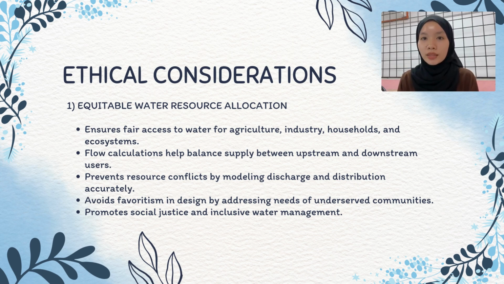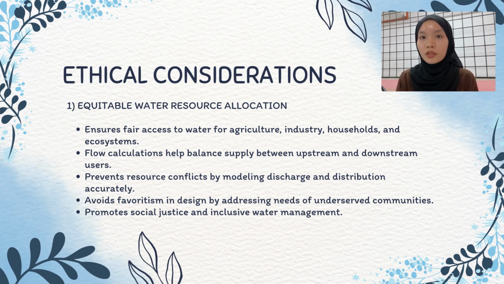Next is equitable water resource allocation. In hydraulic engineering, ensuring equitable water distribution is not only a technical challenge but also an ethical imperative. When performing calculations for uniform and non-uniform channel flow, it is essential to consider how water will be allocated across various users and regions. Accurate modeling of flow rates, channel capacities, and discharge patterns supports fair distribution among agricultural, industrial, municipal, and ecological stakeholders.